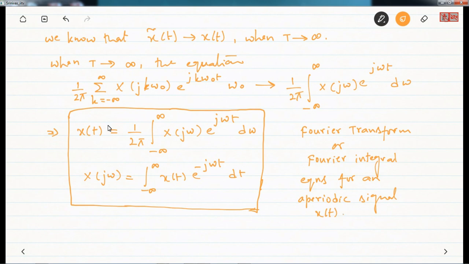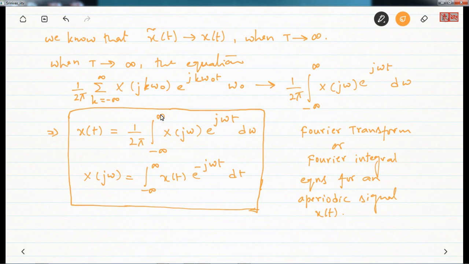So given an aperiodic signal x of t, that can be expressed as 1 by 2 pi times the integral from minus infinity to plus infinity of x of j omega e power j omega t d omega, whereas this x of j omega can be computed as the integral given below.